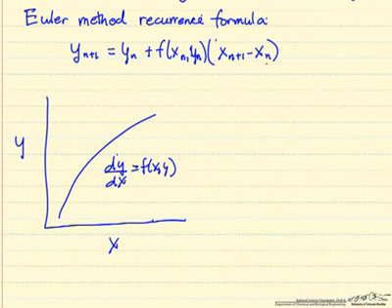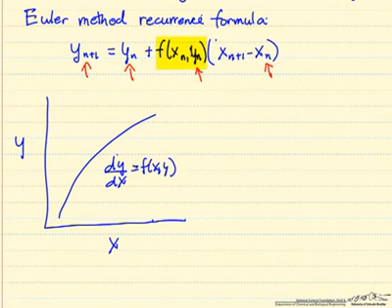The way the Euler method works is to use a recurrence formula that says if I know the value of y at a certain value of x, then some increment away, x n plus 1, I can determine the value of y n plus 1 by evaluating that function.